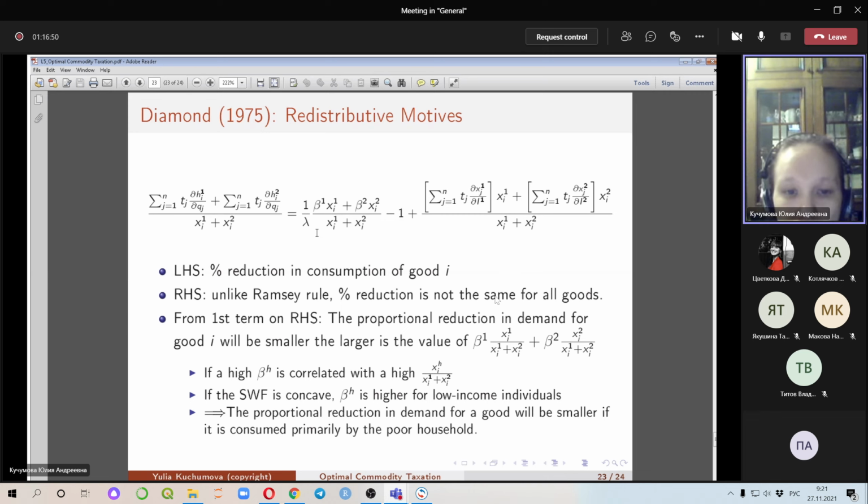To understand this, we need to remember that the left-hand side is negative. There might be some confusion. The left-hand side is negative, and so it's -1 plus this term.